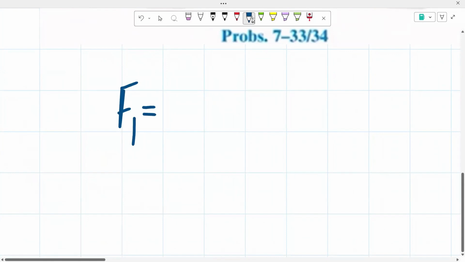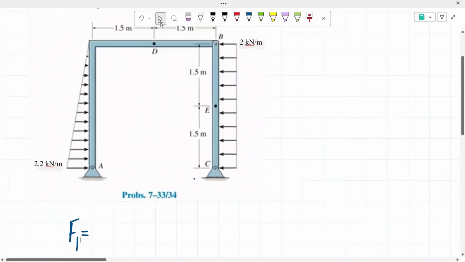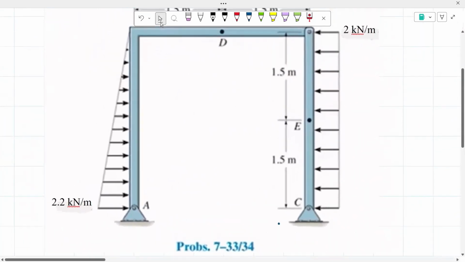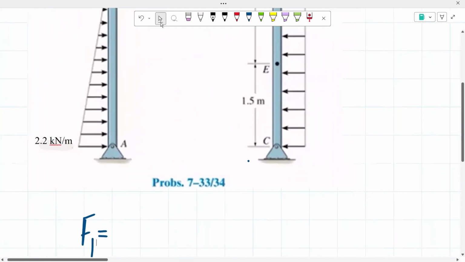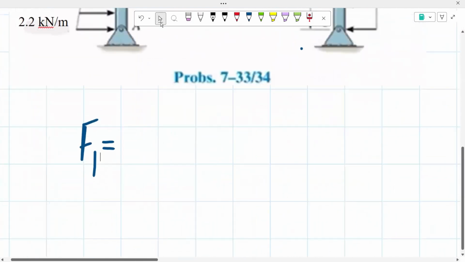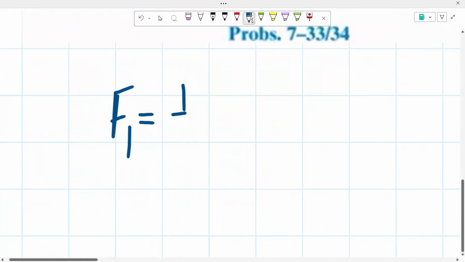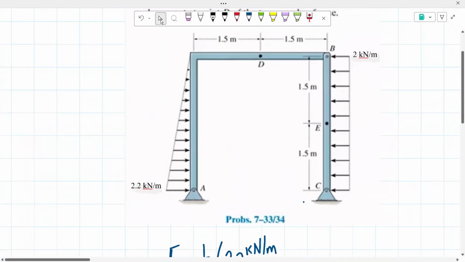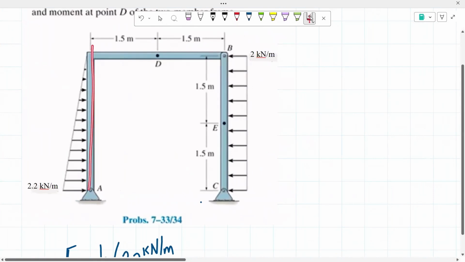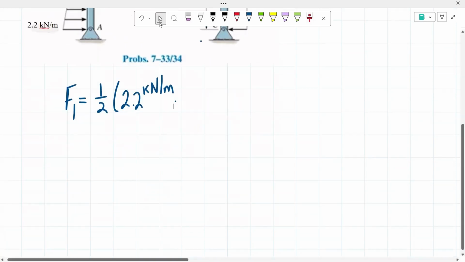Since it is a right triangle, as you guys can see, we have to multiply our force by 1/2 since it is a right triangle and not a uniform loading. So we have 1/2 of our loading, which is 2.2 kilonewtons per meter, and it goes on for a span of 3 meters, as we know from this side.